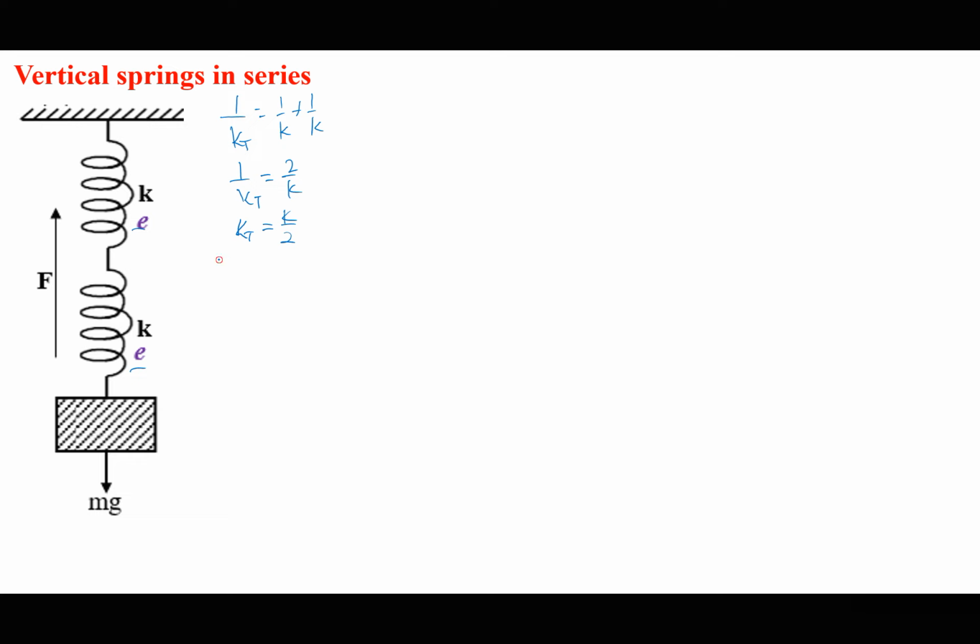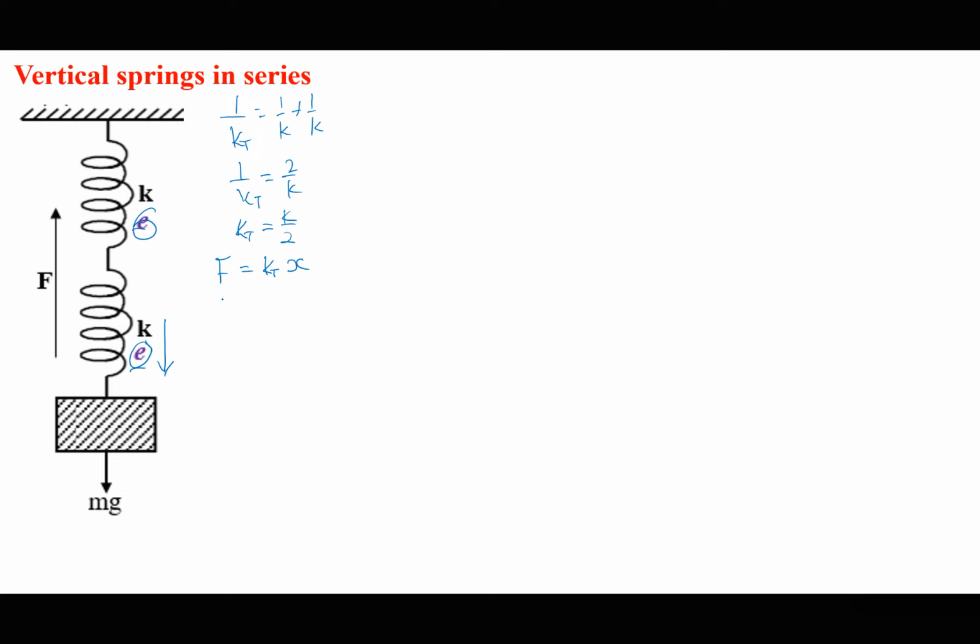So the effective force, or the effective total tension in springs when they're joined in series like that, is going to be equal to the total constant times the total extension, which is x, because when this is given a displacement x it is a combination of e plus e. So the total extension is x.